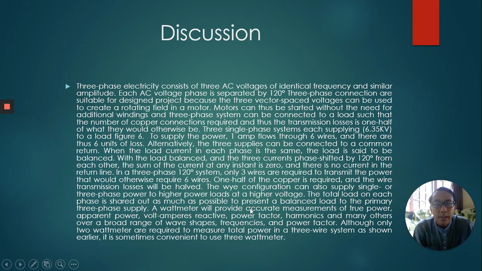A wattmeter will provide accurate measurement of the true power, apparent power, volt-ampere reactive, power factor, harmonics, and many others over a broad range of wave shape, frequency, and power factor. Although only two wattmeters are required to measure the total power in the three-wire system, as I showed earlier, it is sometimes convenient to use three wattmeters.